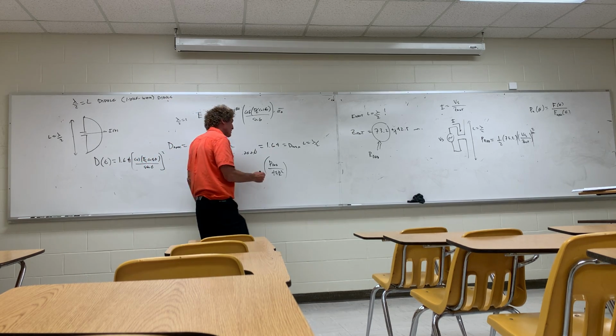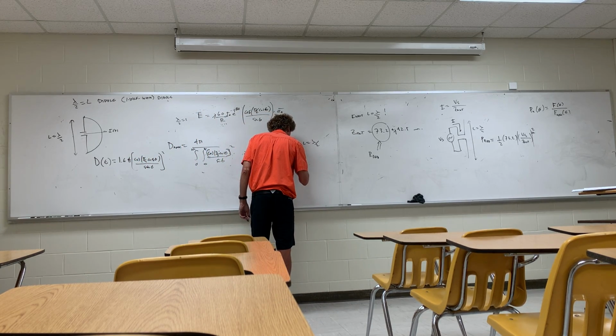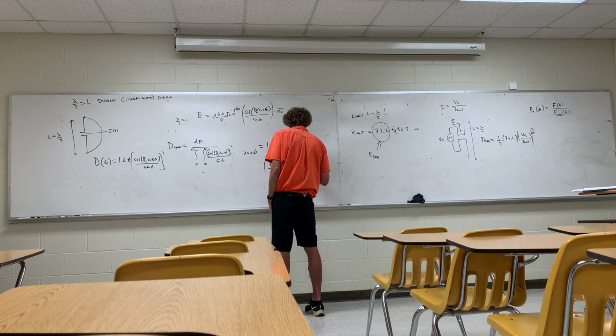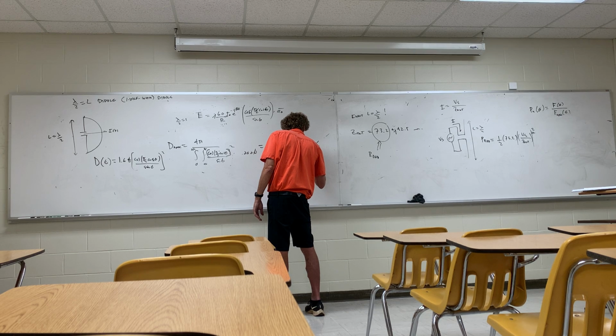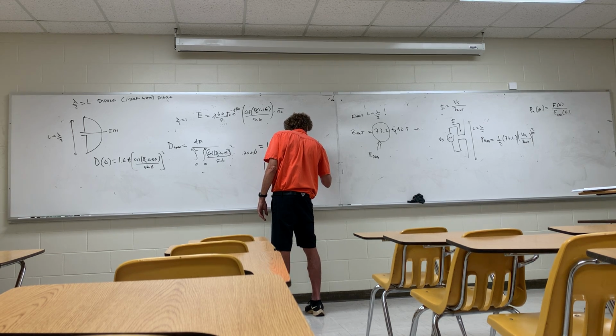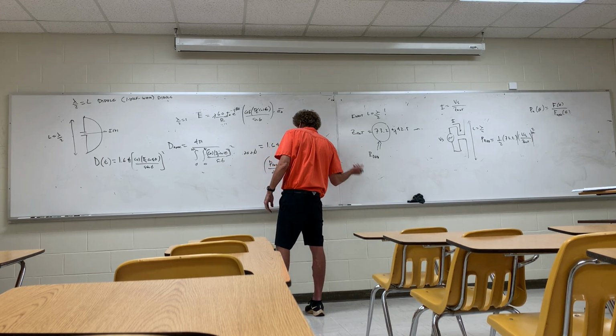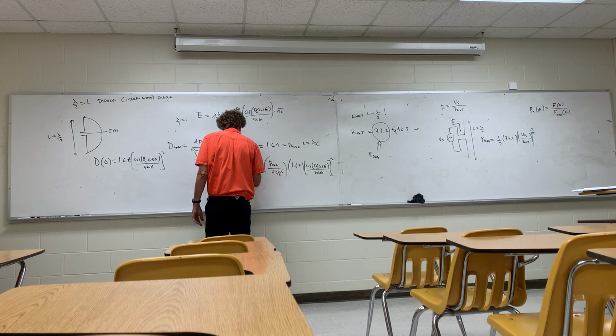The directivity is 1.64 times that angular function, cosine of pi over 2 times cosine of theta, over sine of theta, squared. And that would be the average power density.